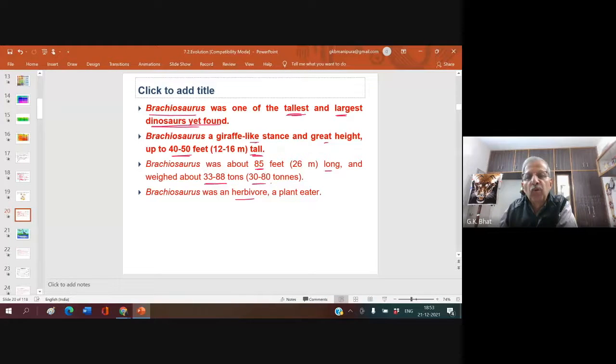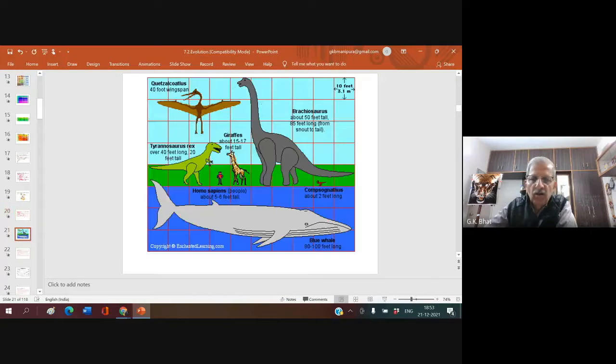Brachiosaurus was a herbivore, a plant eater. Look here, this is what the Brachiosaurus looked like, and in front of it, yourself. One of the tallest, about 50 feet tall and 80 feet long from here to the tip of the tail.